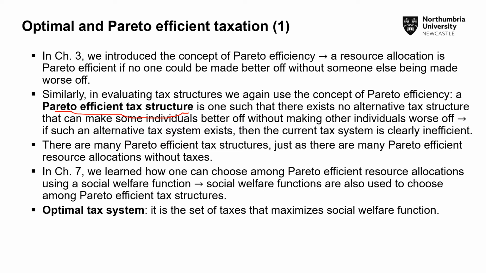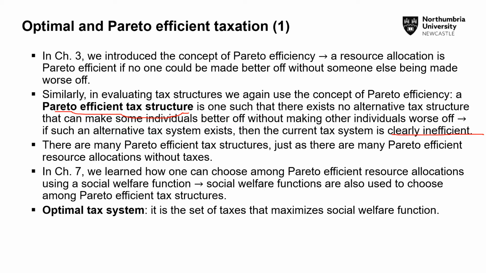It is one such that no alternative tax structure can make some individuals better off without making other individuals worse off. In other words, if there are alternative tax systems that can make individuals better off, then the current tax system that is being instituted and applied is not Pareto efficient. It is clearly inefficient.